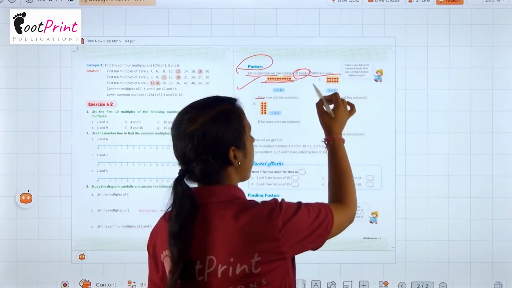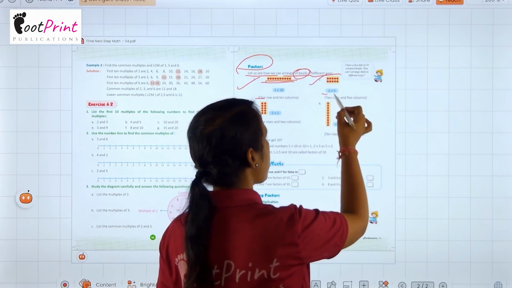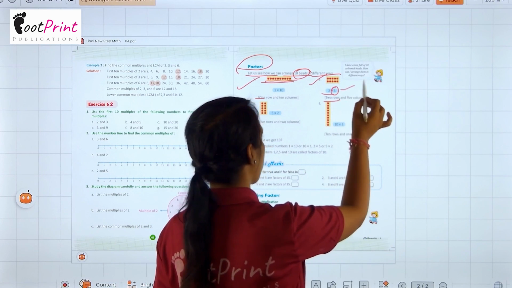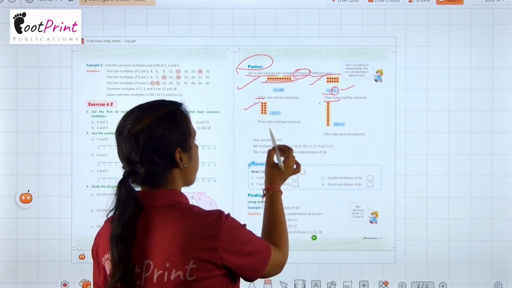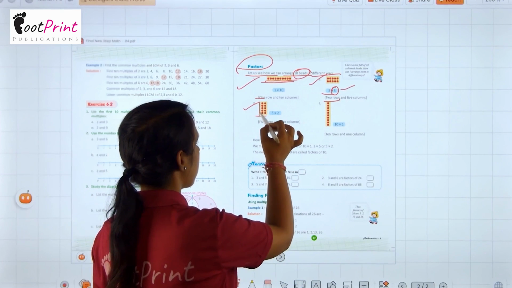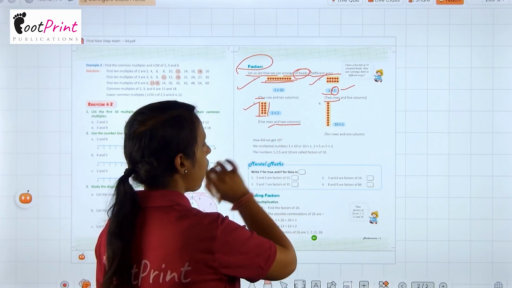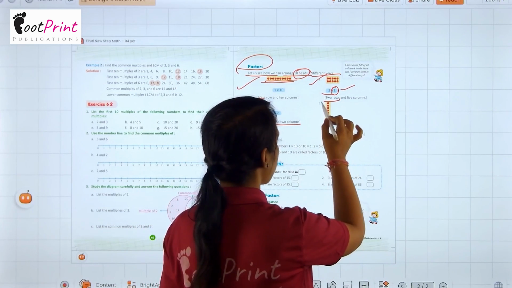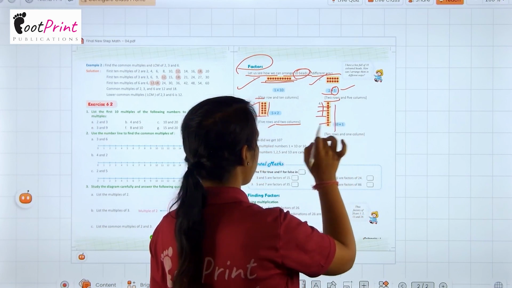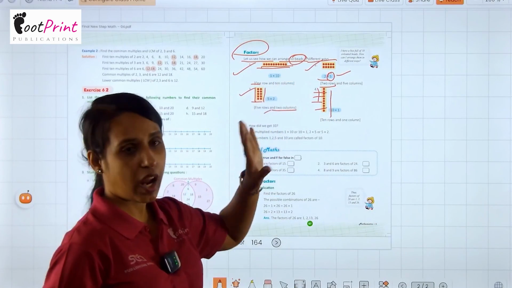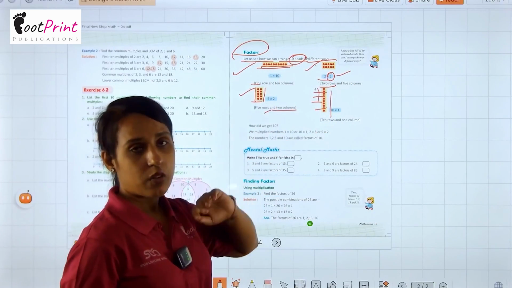In second, we have 2 rows and 5 columns. In third, we have 5 rows and 2 columns. Here we have 10 rows and 1 column.